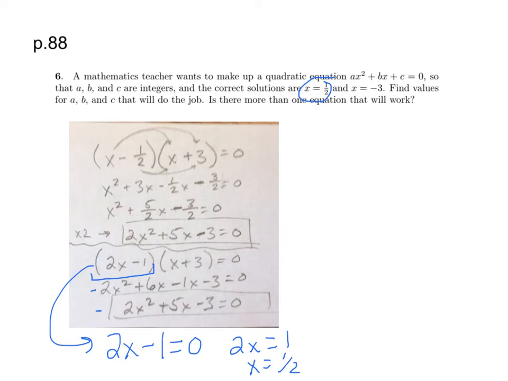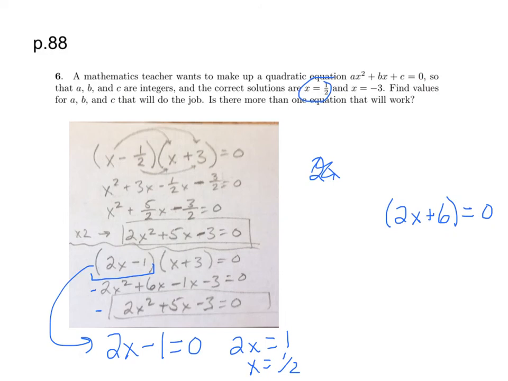Now the last part asks, is there more than one equation that will work? Yes, there is. Here's an example. If I had a factor that looked like 2x plus 6 and I solve that for x, what would I get? x equals -3, right? If I solve 2x plus 6 equals 0, x will equal -3. So that still gives me x equals -3.